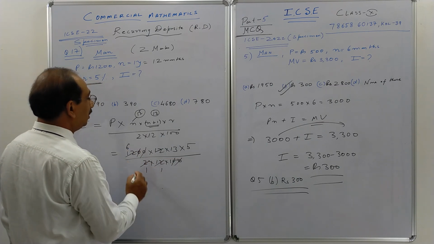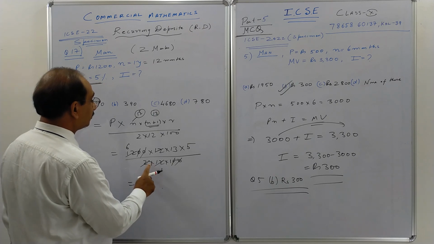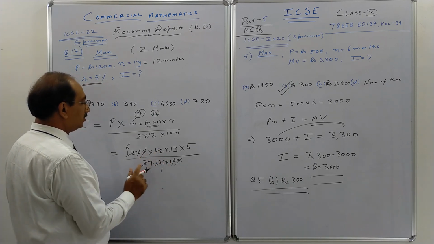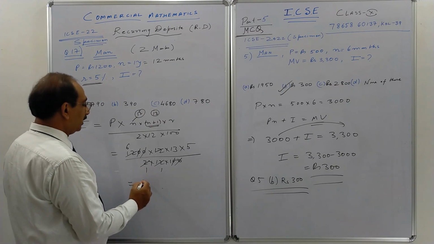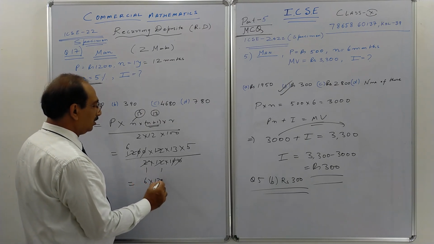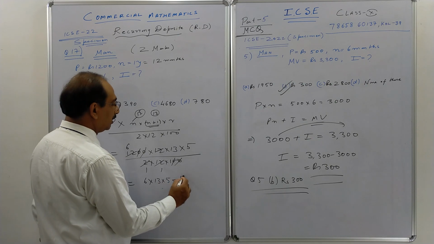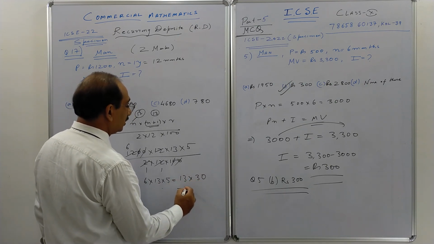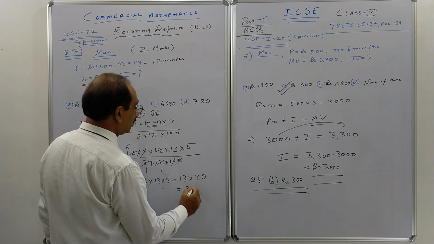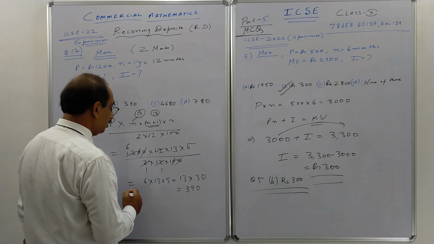Here we get 12, we have cancelled 2 zeros, and 2 sixes are 12. So we get 6 into 13 into 5. So we can write 13 into 6 fives are 30, 13 threes are 39, and 0.